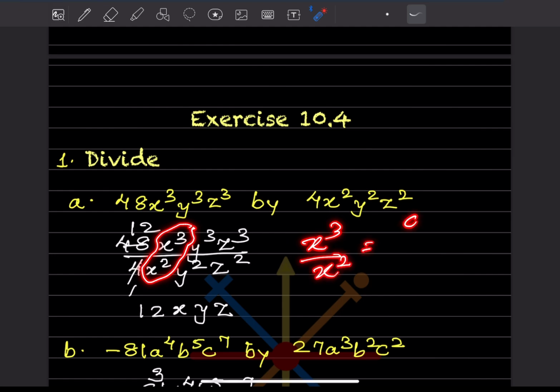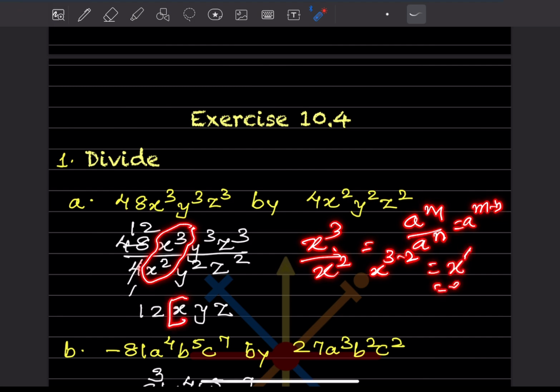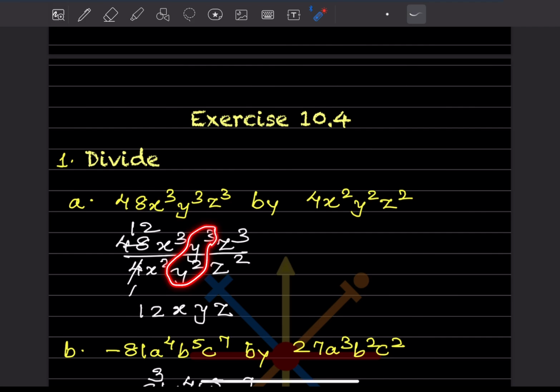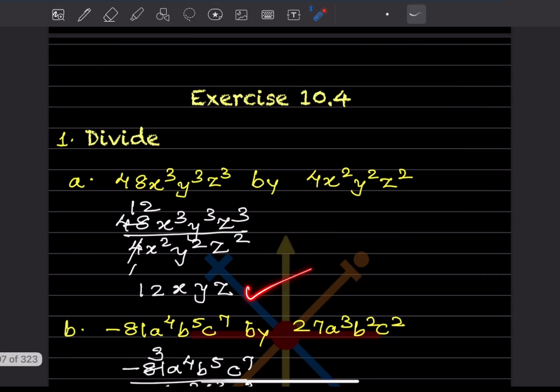That is a raised to m divided by a raised to n, which is a raised to m minus n. So you subtract: x raised to 3 minus 2, that is x raised to 1, which is just x. So you write x here. Same for y, that will be y. And for z, z raised to 3 divided by z raised to 2 is z. So this is the answer.